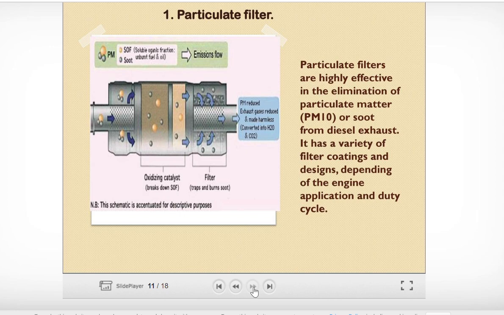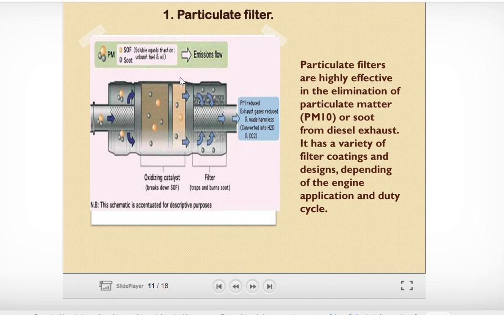In this case, we call it the diesel particulate filter, or the DPF. It looks similar to the catalytic converter from the outside, but inside it has a substrate material that has an oxidizing catalyst and a filter that traps and burns soot.